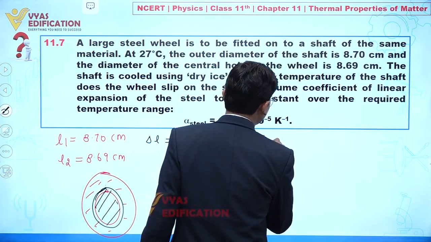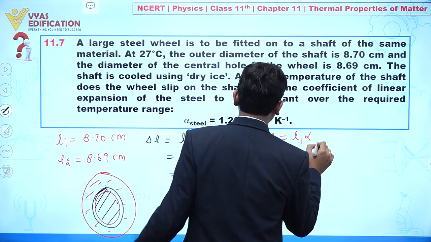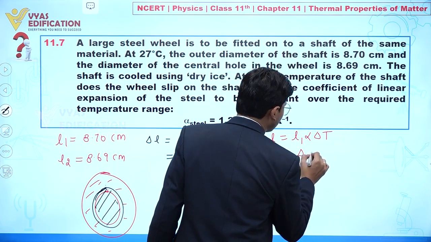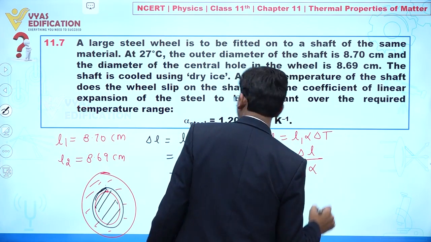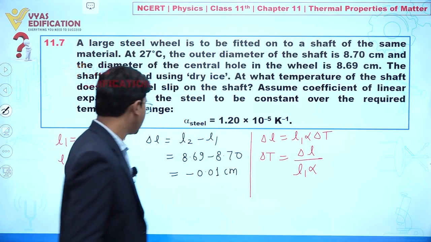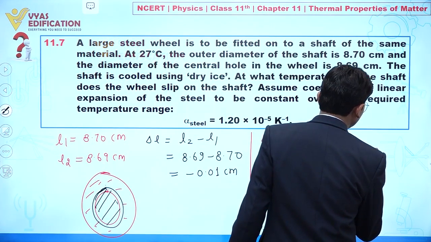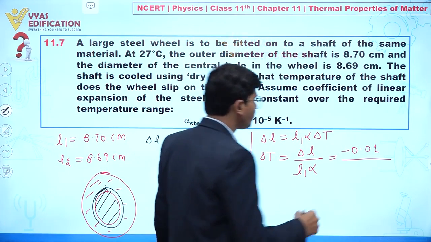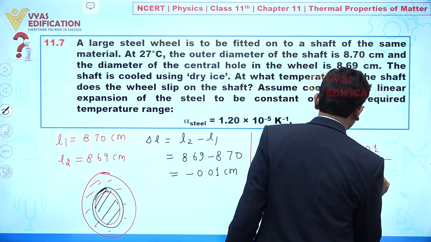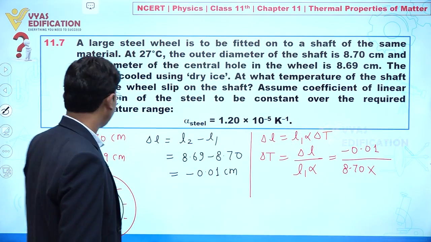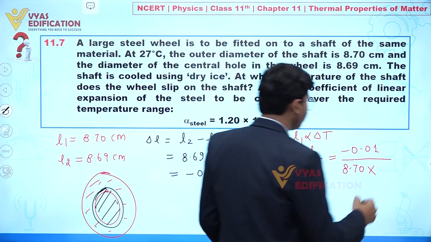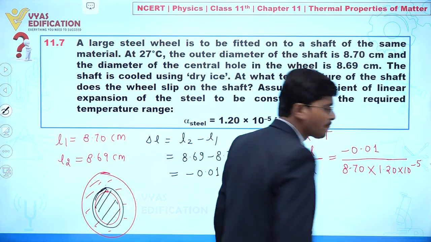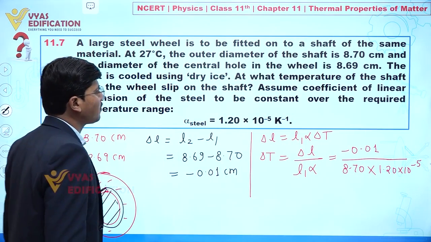So we can write delta L equal to L1 alpha delta T. From here delta T should be equal to delta L over L1 alpha. Delta L is minus 0.01 centimeter divided by L1, which is given as 8.70, multiplied by alpha, which is given as 1.20 into 10 to the power minus 5.